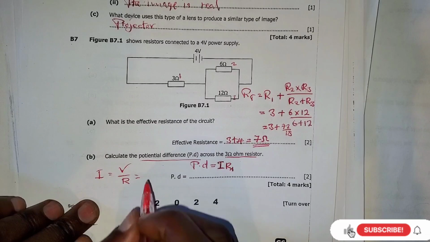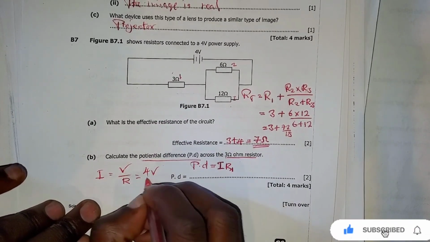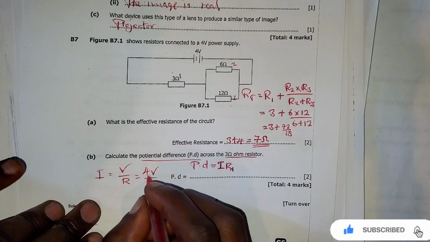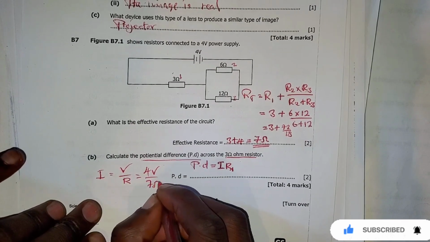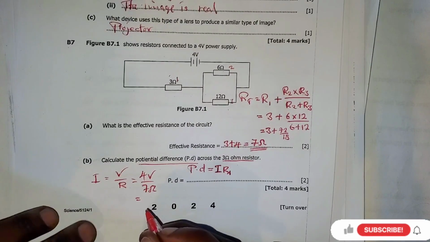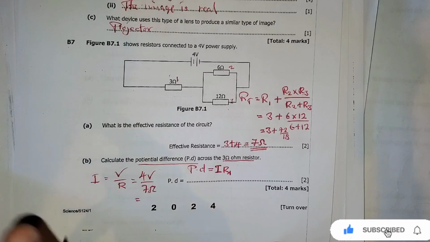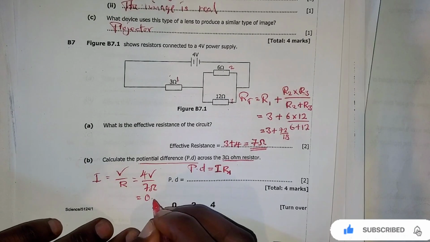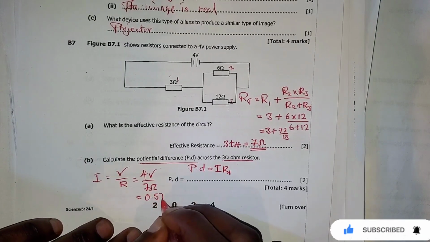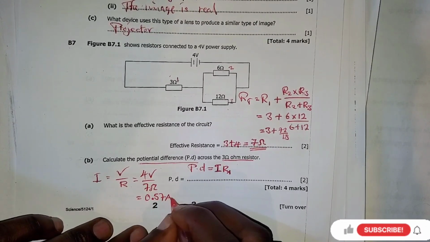The voltage given here is 4 volts. The total resistance is what? 7 ohms. All right, so 4 divided by 7 is giving me 0.57 to 2 decimal places, 0.57 amps.